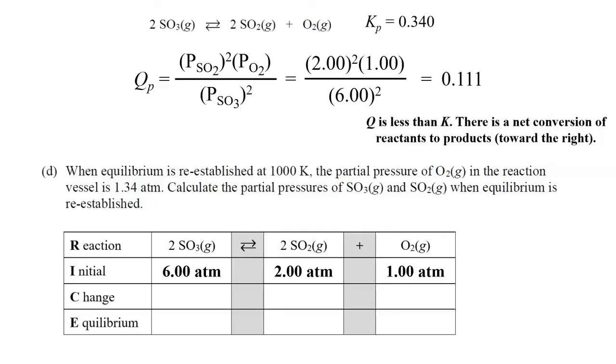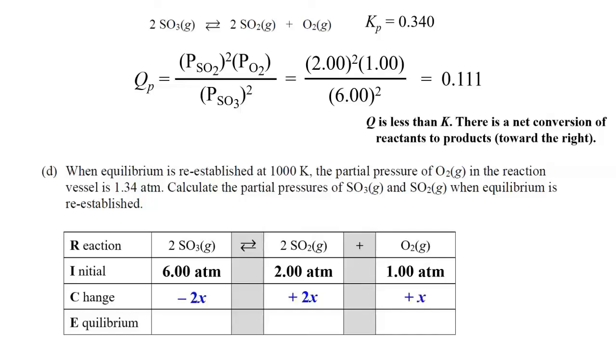We know that because Q is less than K, there's going to be a net conversion from reactants to products. So from left to right, that's going to cause the partial pressure of SO3 to decrease. It's going to cause the partial pressure of the products, SO2 and O2, to increase. And notice that I wrote the change in terms of x. So look at the change row of the table and look at the coefficients in the balanced equation.